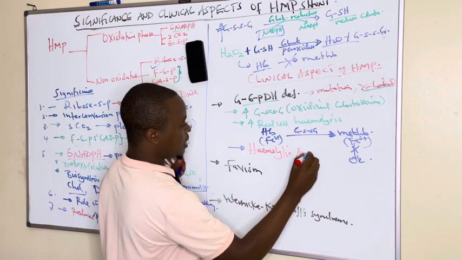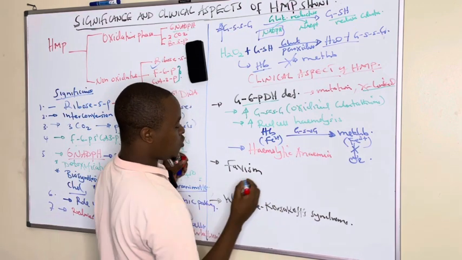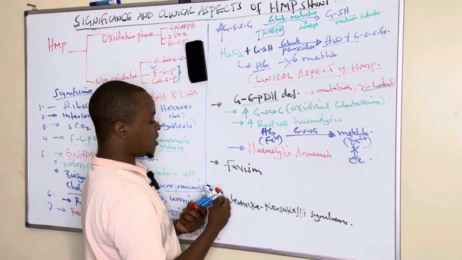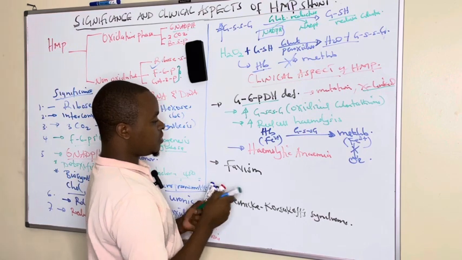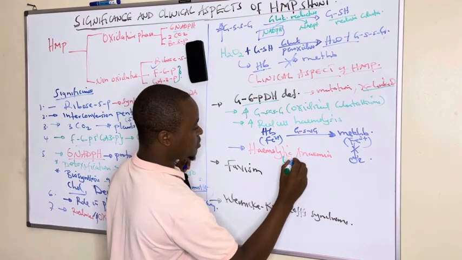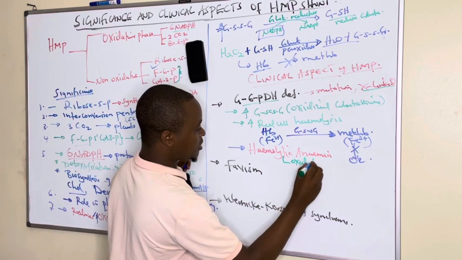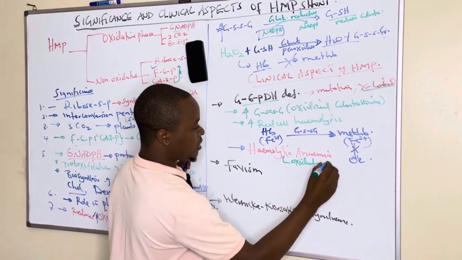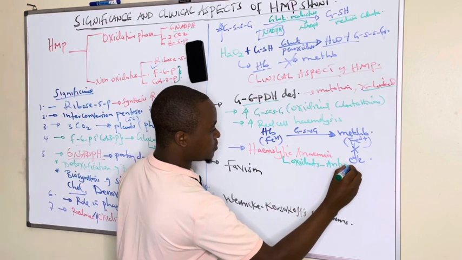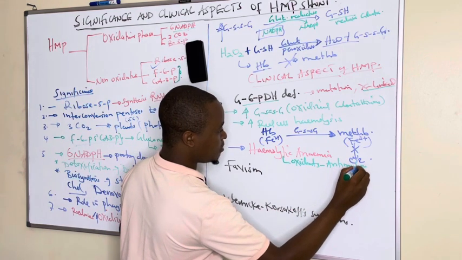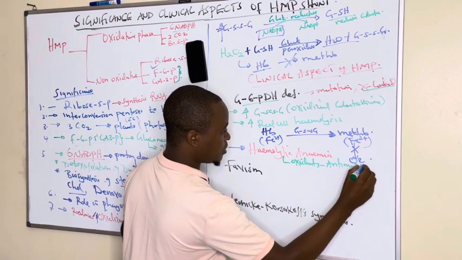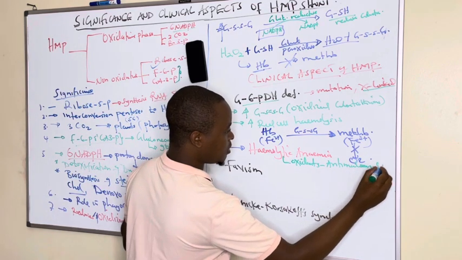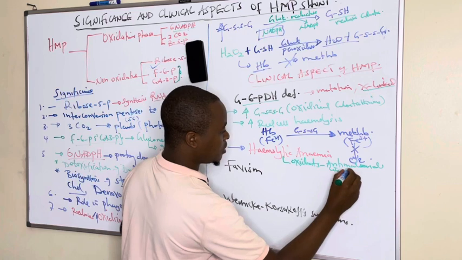And these hemolytic anemias come when they are given oxidant drugs, or drugs that cause oxidation, like antimalarials such as primaquine.